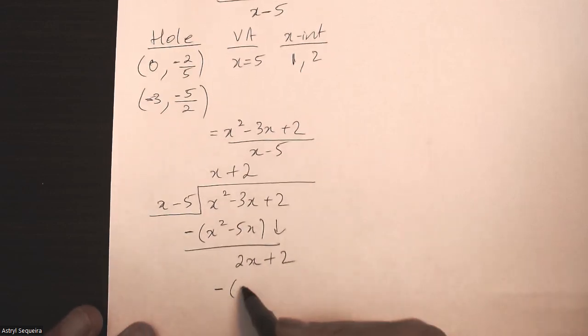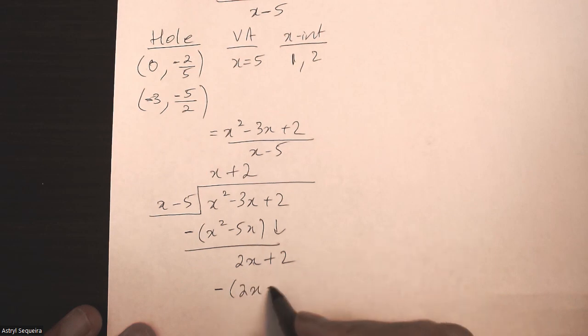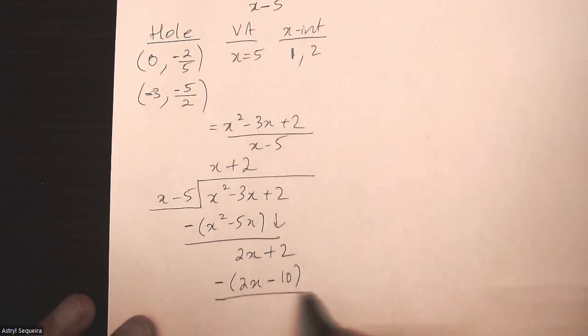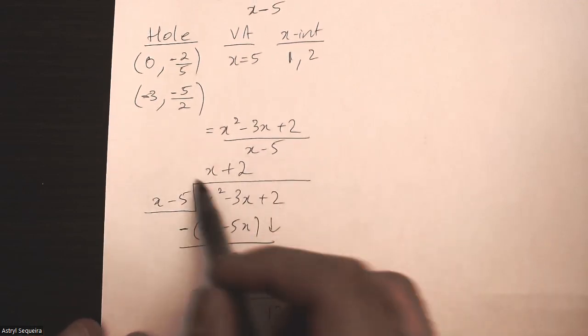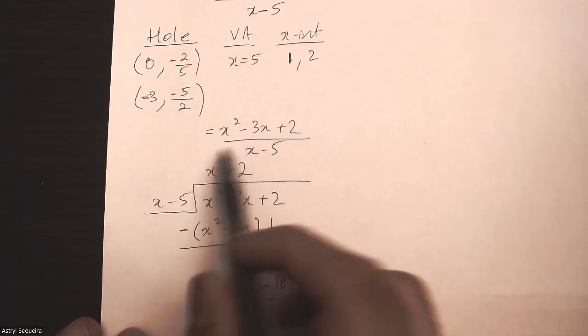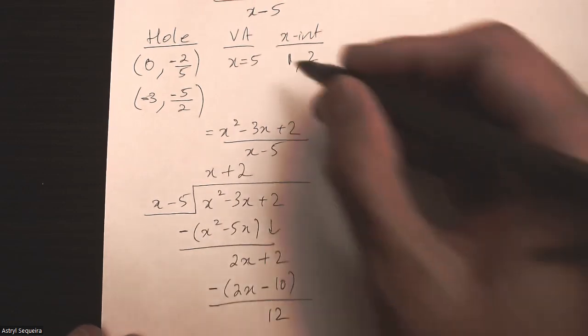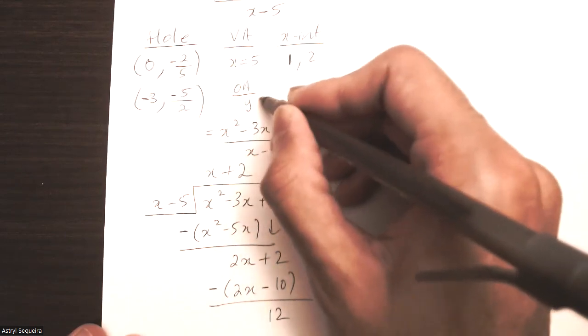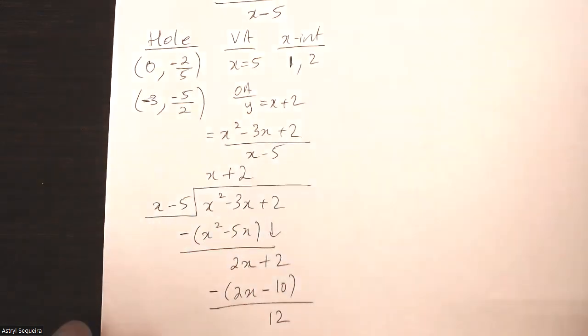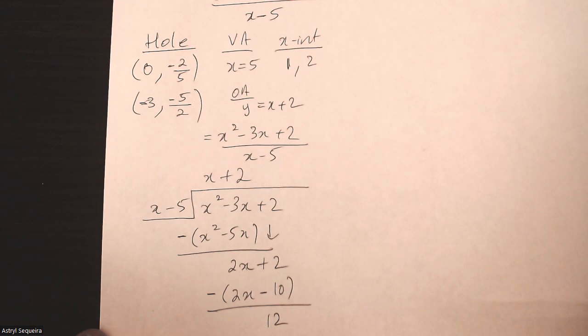And then I subtract. The subtraction is not really important here because we're pretty much done with long division, but my remainder is going to be 12, which we don't really care about. What we care about is the top over here. So my oblique asymptote is just y equals x plus 2.